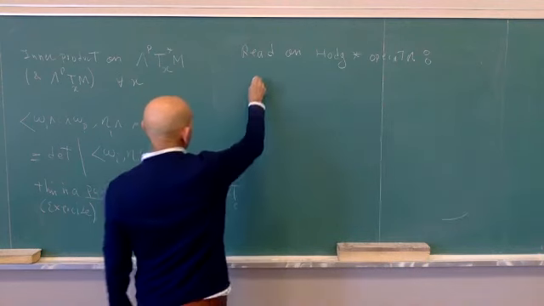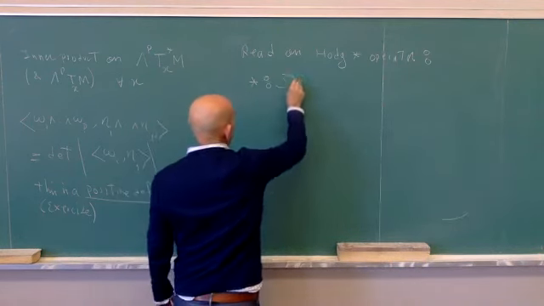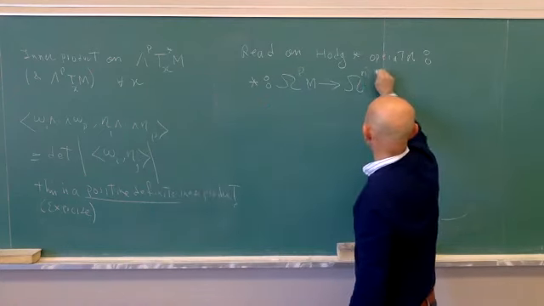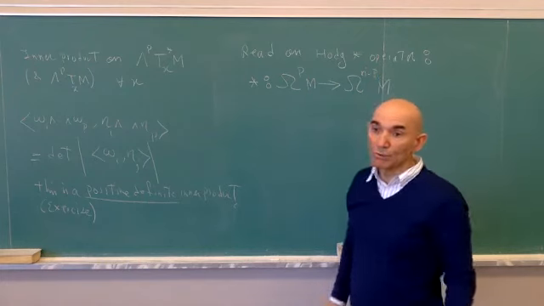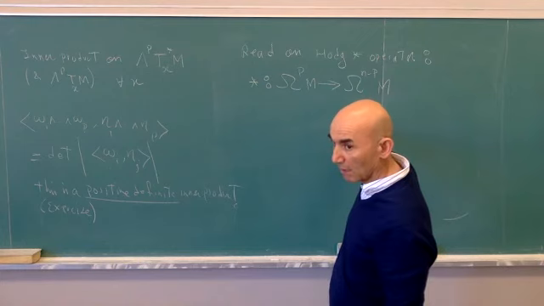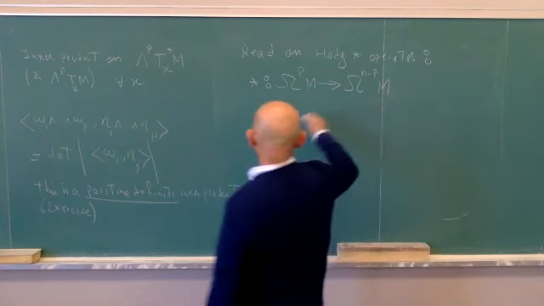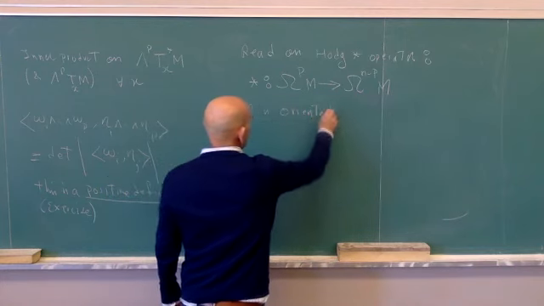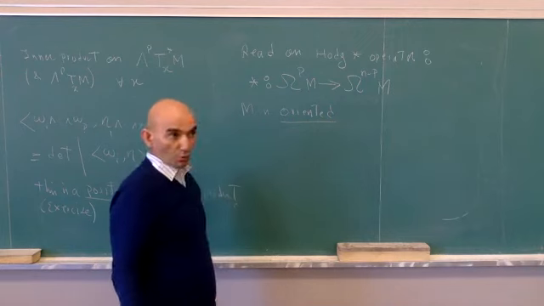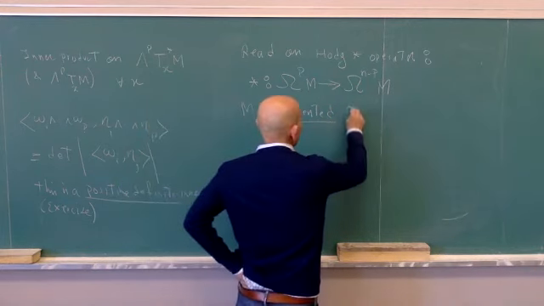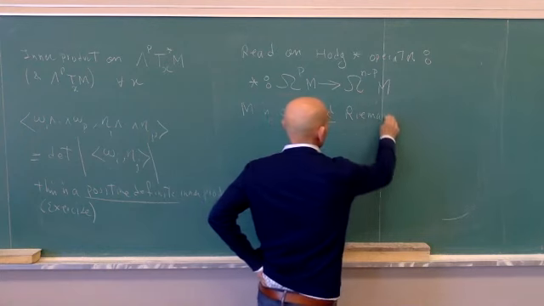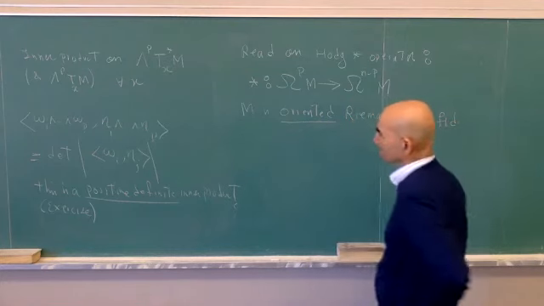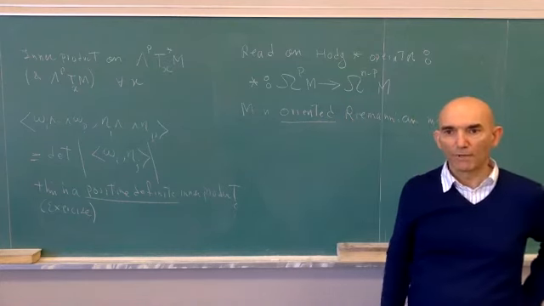The Hodge star is a map that goes from Omega^p(M) to Omega^{n-p}(M). Now I have to tell you the conditions on M. M is an oriented, Riemannian manifold. Orientation is important, and the Riemannian structure is also very important.